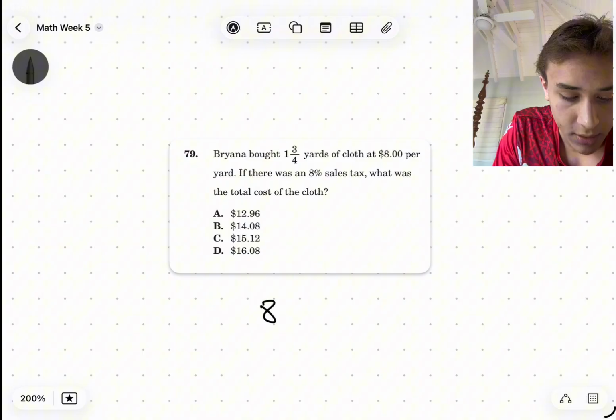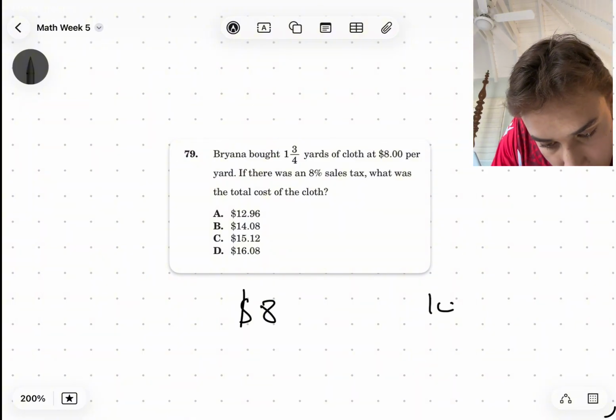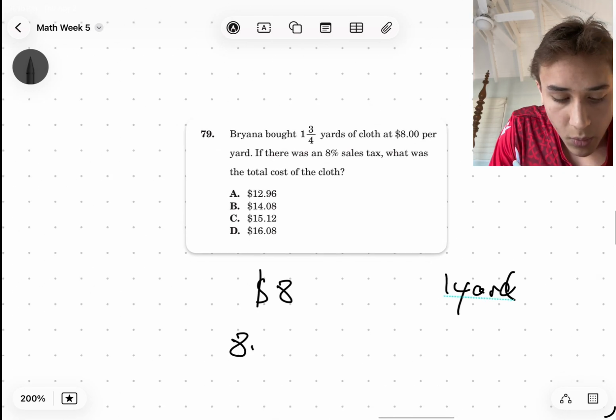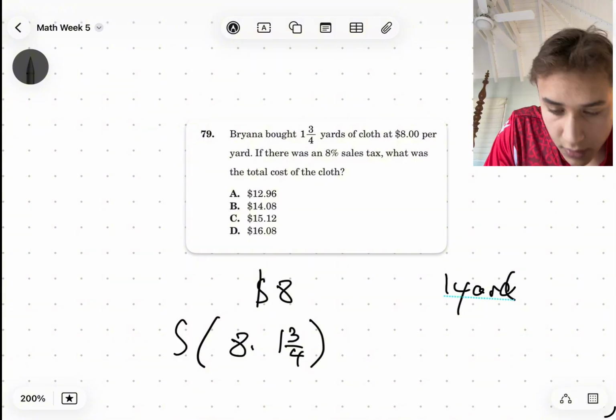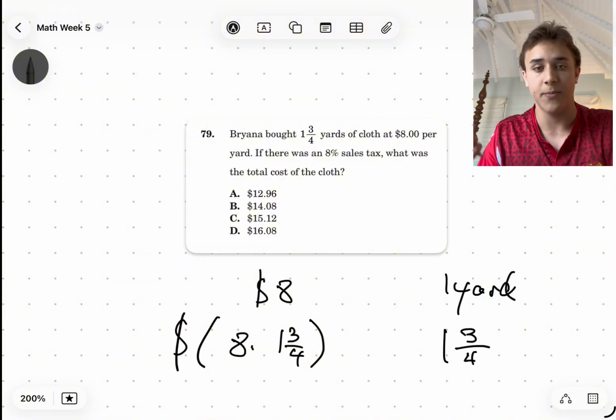So $8 for 1 yard would be 8 times 1 3/4 for 1 3/4 yards, because we're assuming that it's proportional.